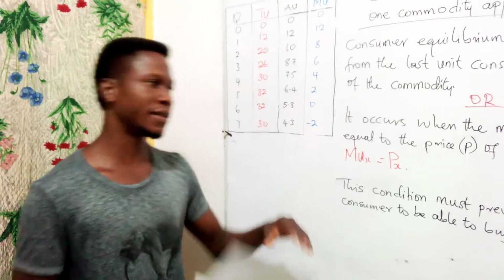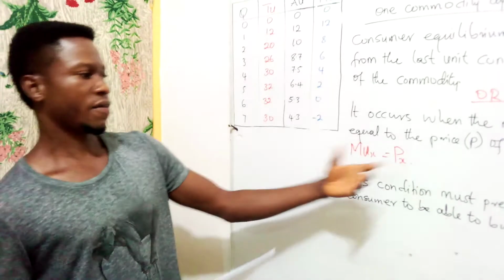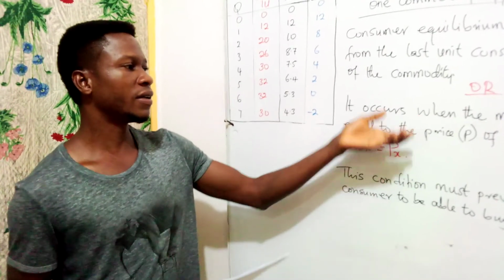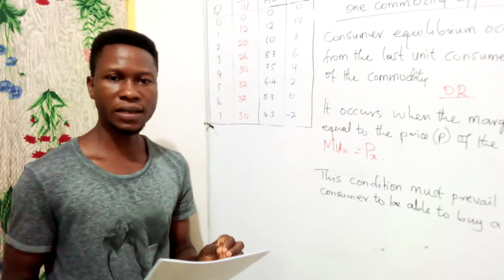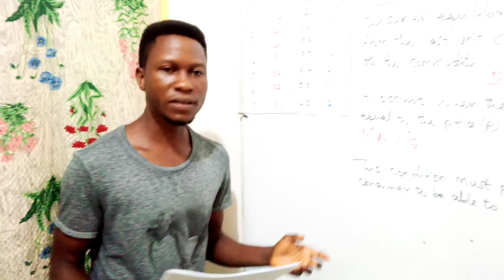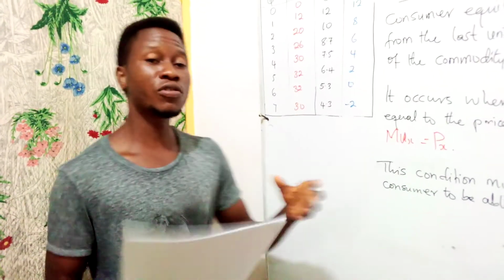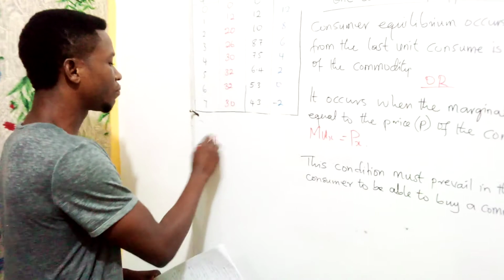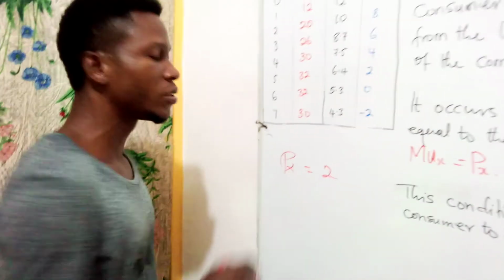But before we do that, in examination, they can test you that if the consumer has a certain income and the price of the commodity is given, what quantity would the consumer buy to be in equilibrium? For example, let's assume that they said price of X is equal to 2 cedis.